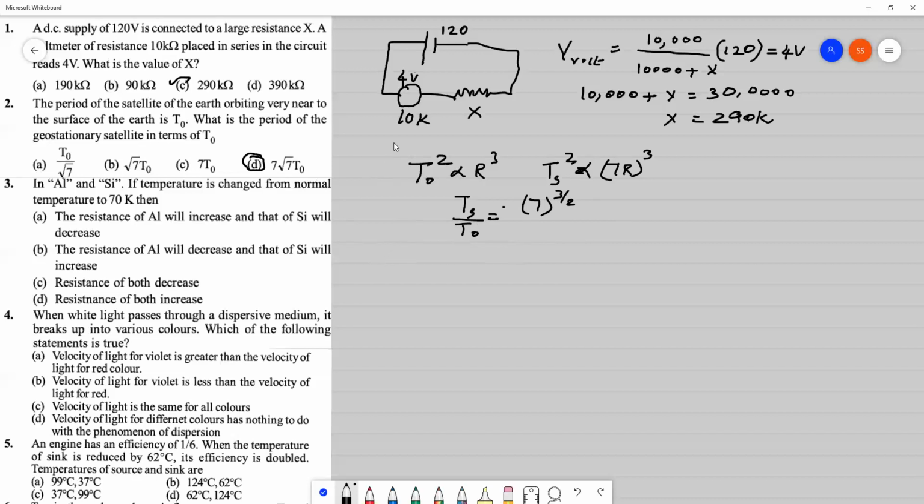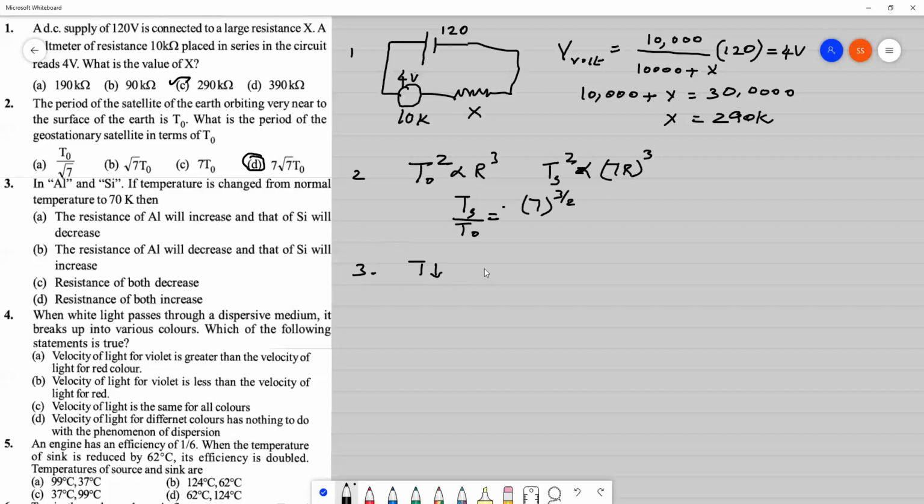The next question, the third question, reads out: aluminum and silicon, if the temperature is changed from normal temperature 300K to 70K. That means the temperature is decreasing.